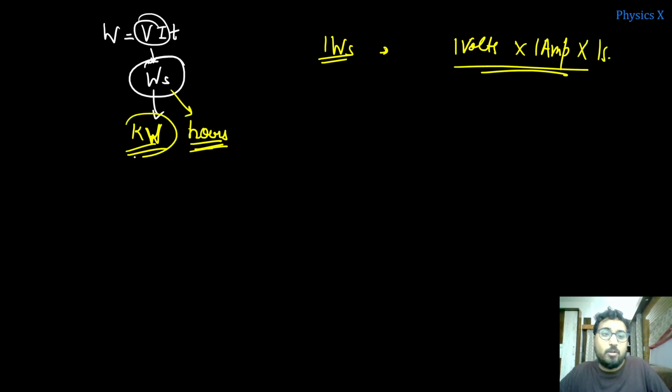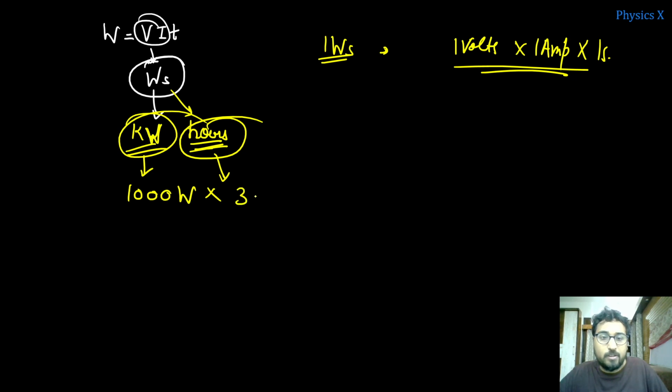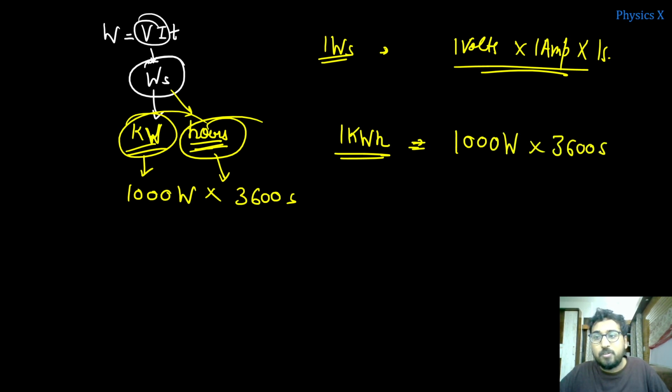So suppose I wanted to convert into kilowatt hours. What is kilowatt? It is thousand watts. And what is hour? Hour is nothing but 3600 seconds. So if I want to write 1 kilowatt hour, I will be writing it as 1000 watts into 3600 seconds.